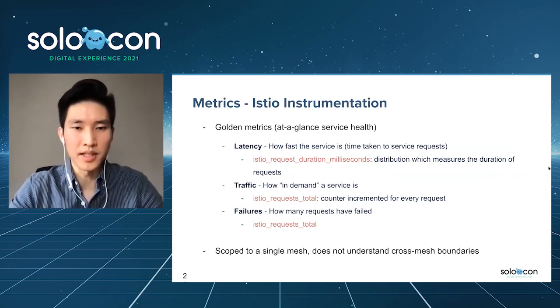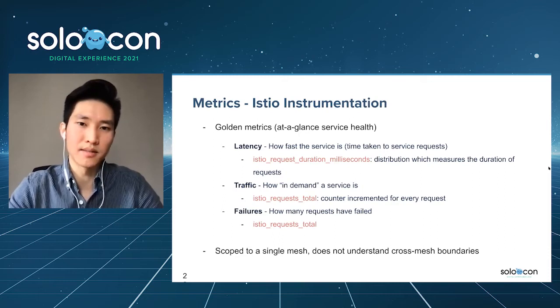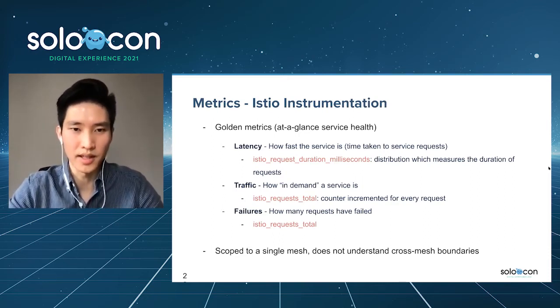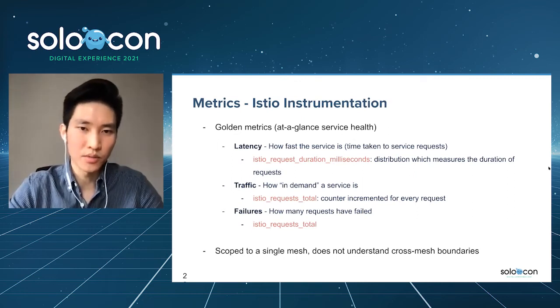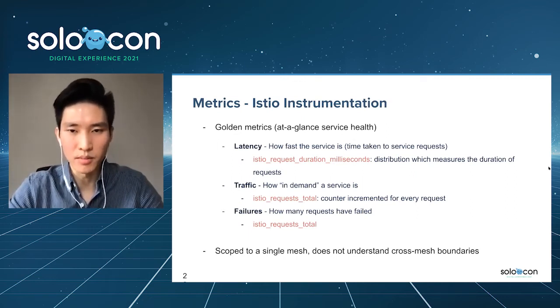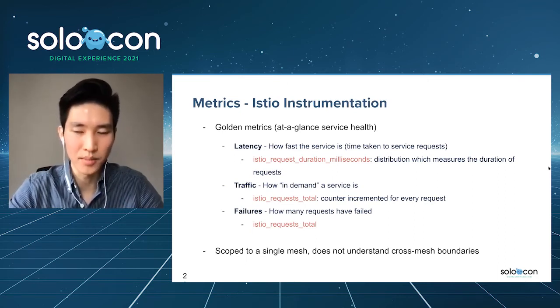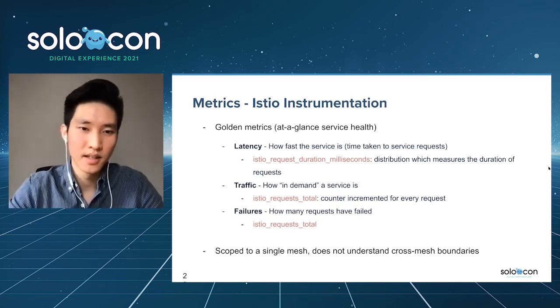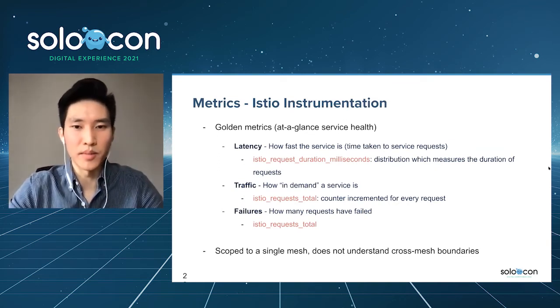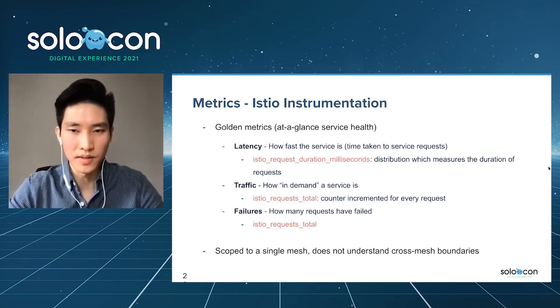So a 99 percentile latency of 100 milliseconds means that 99% of the requests are served in 100 milliseconds or less. With Istio, you get the Istio request duration milliseconds metric, which is a distribution that allows for subsequent computation of percentiles. Traffic metrics provide us with a measure of how in demand a service is.